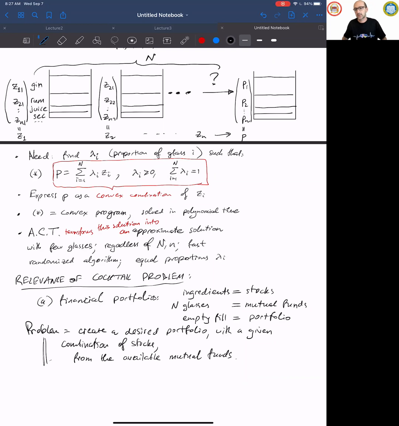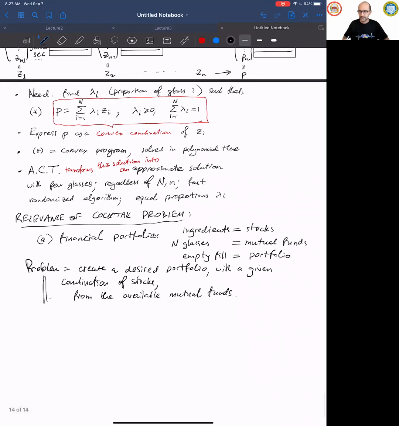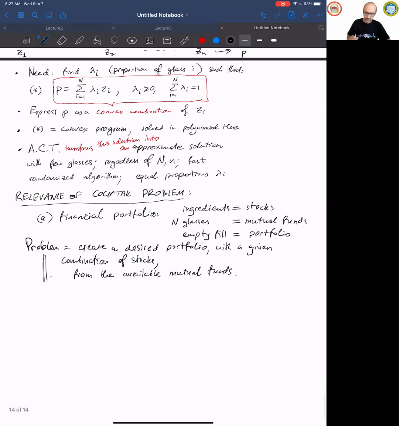So how do you make that? And the Approximate Carathéodory Theorem offers you a solution. It says you don't have to combine a lot of them. You just have to buy a few of them and mix them in equal proportions. That gives you which ones. Good. So that was relevance 1.